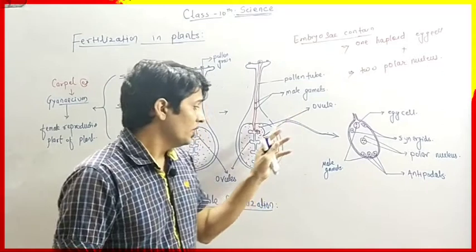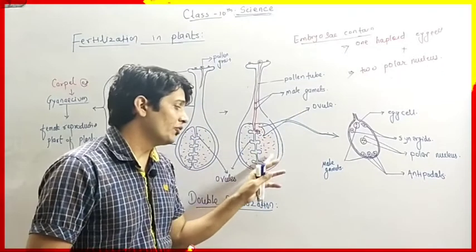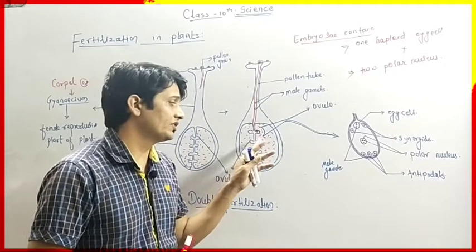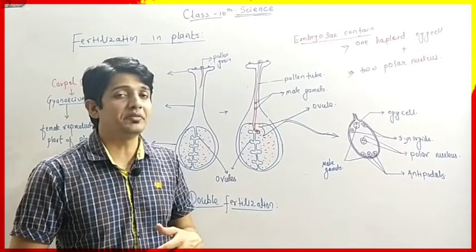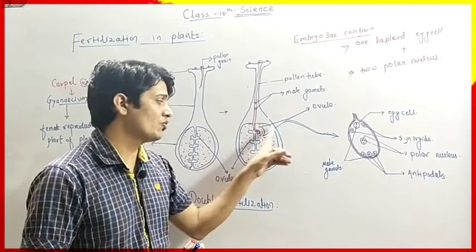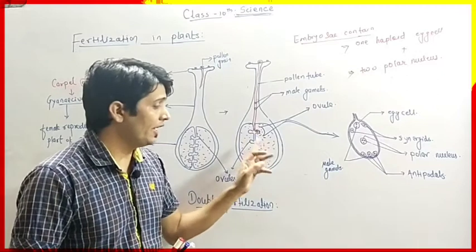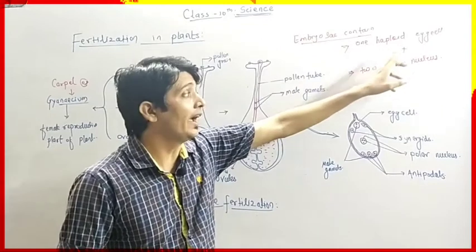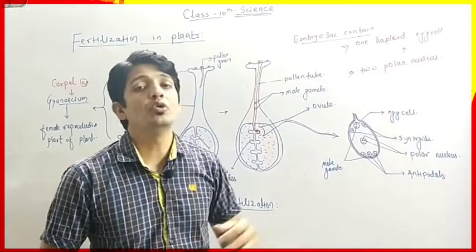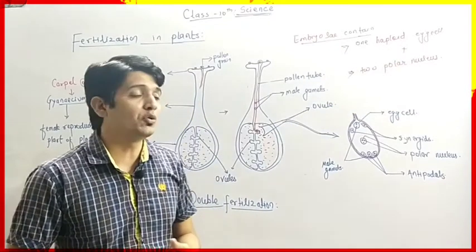Before the fertilization process, meiosis, which is a type of cell division, takes place to form the embryo sac. Each embryo sac contains one haploid egg cell and two polar nuclei.